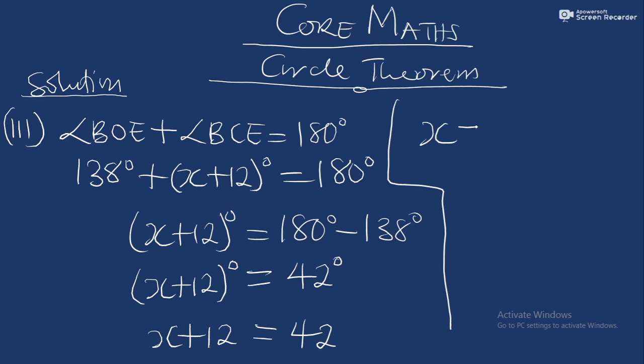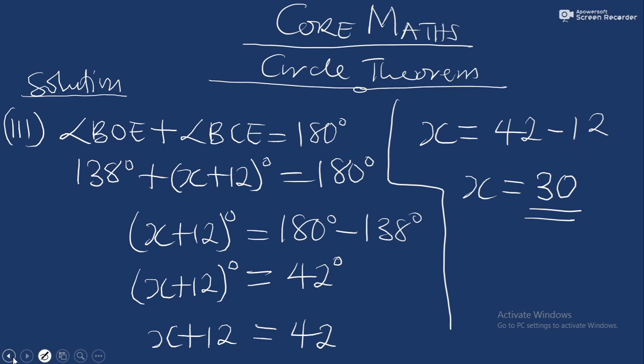So our x will be equal to 42 minus 12, and this will give us what? It will give us 30. No degrees, 30, because the degree is a unit and it has cancelled out. So the value of x is 30. Good. So that is the answer for I.